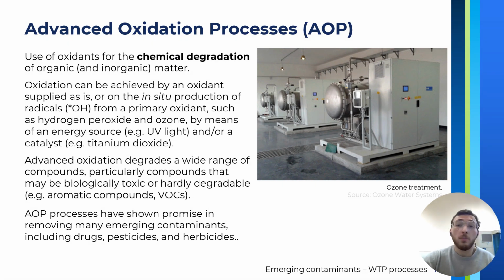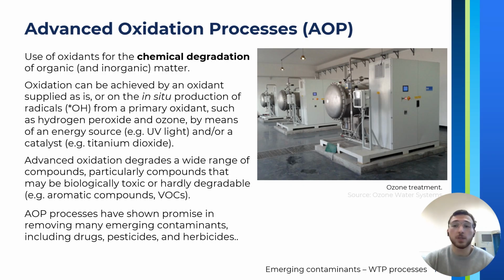Finally, among the most commonly used treatment processes for emerging contaminant and micropollutant removal, as well as being considered among the best available technologies nowadays for a large-scale removal process, are advanced oxidation processes, or AOPs. During advanced oxidation treatment, the chemical degradation of contaminants is achieved by means of oxidation.